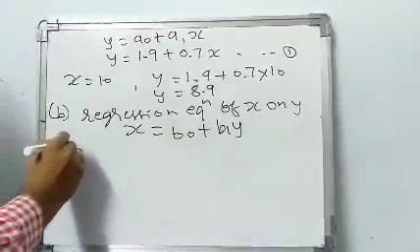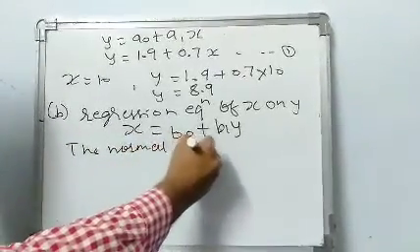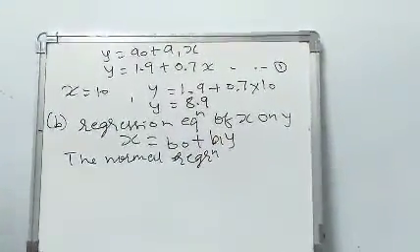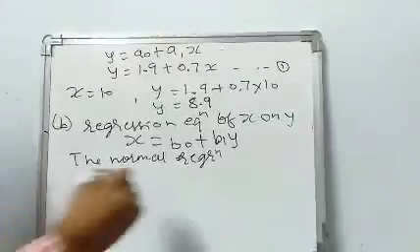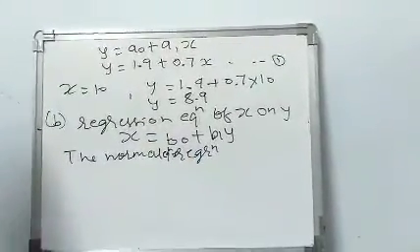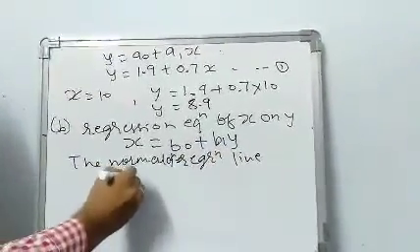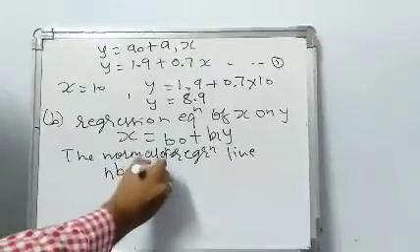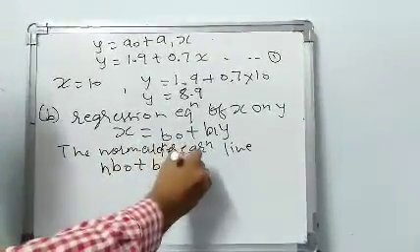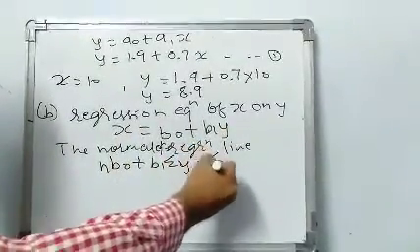So the normal equations for the regression line are: n b0 plus b1 into summation of y is equal to summation of x.